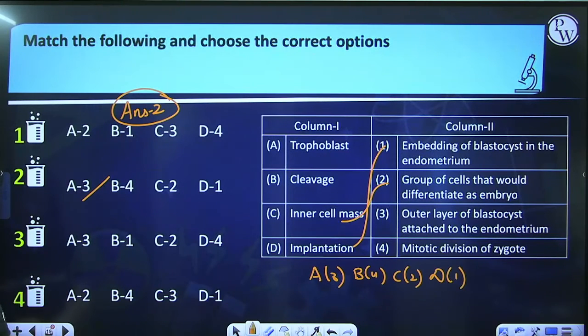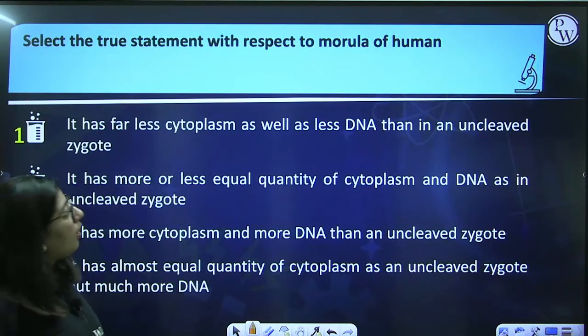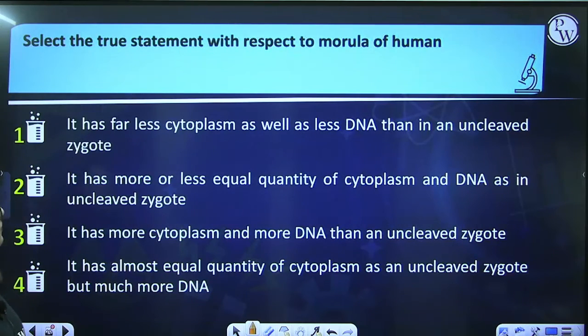Next, select the true statement with respect to morula of human. It has far less cytoplasm as well as less DNA than an uncleaved zygote. It has more or less equal quantity of cytoplasm and DNA as an uncleaved zygote. It has more cytoplasm and more DNA than an uncleaved zygote. It has almost equal quantity of cytoplasm as an uncleaved zygote, but much more DNA.